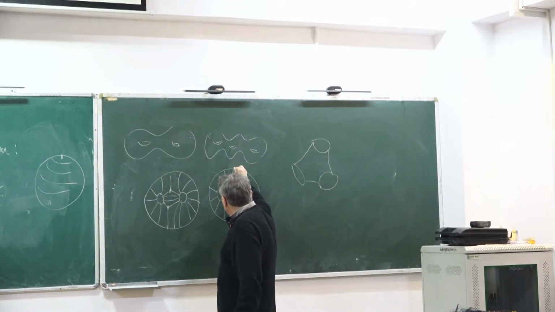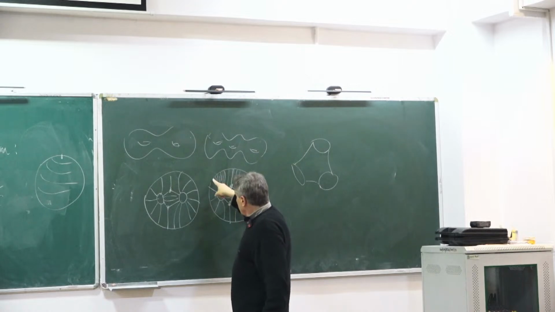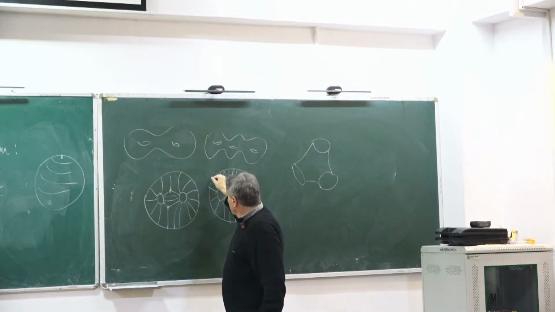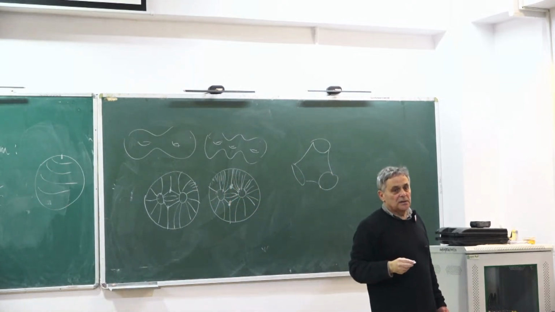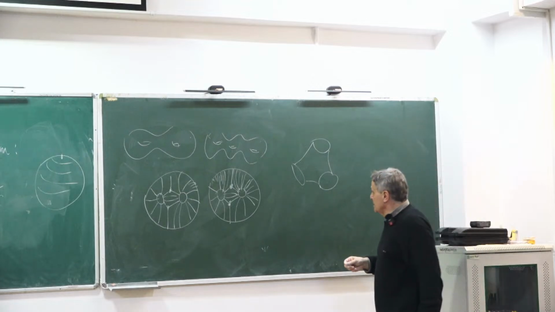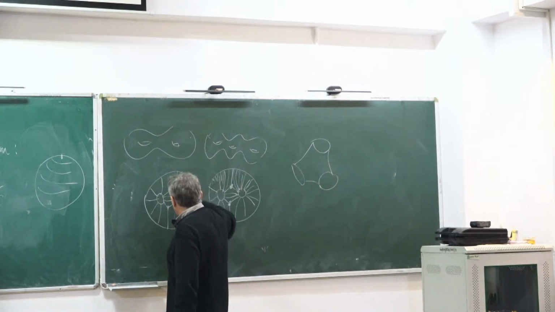You see, the leaves are everywhere, and each point here will go with a point here, and there's no compatibility to worry about. When I draw this, it means I have leaves everywhere. The leaves fill the surface.